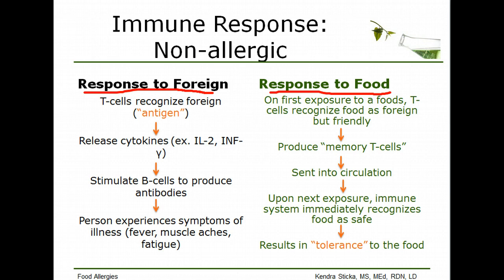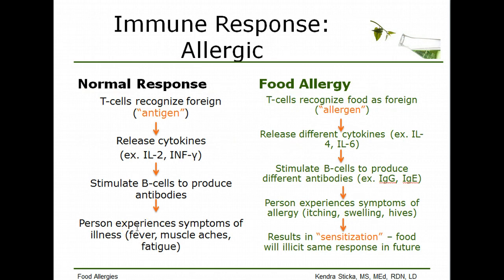So then essentially the next time that the person eats that food, so the next exposure, the immune system immediately recognizes that food as safe, and we develop what's called tolerance to the food. So generally this happens early in life when we're exposed to a variety of foods and the compounds within that food. So that would be very normal. We develop that tolerance to food. Our body recognizes it every time we eat it as something that is safe.